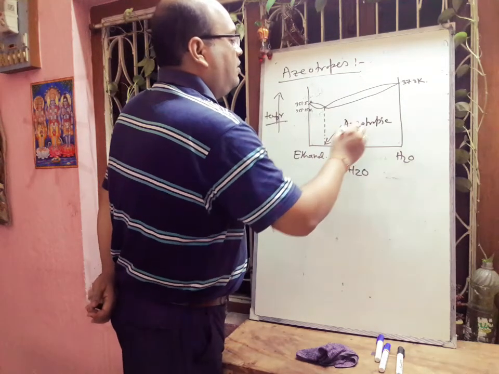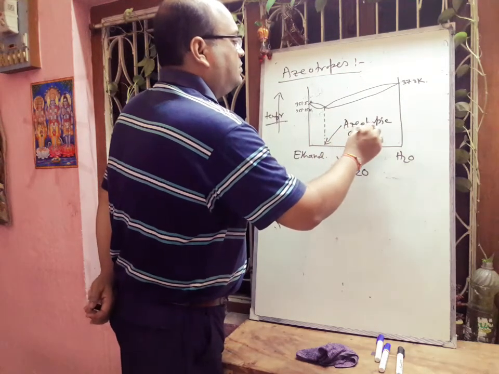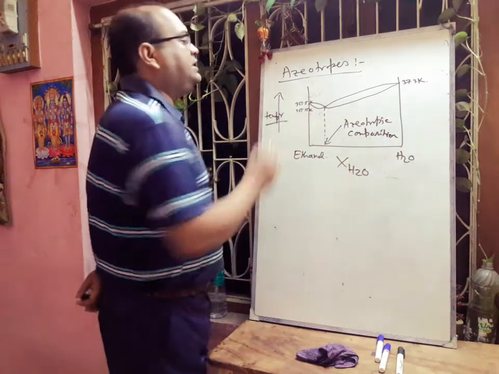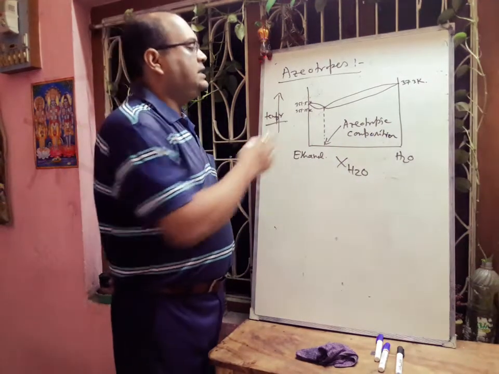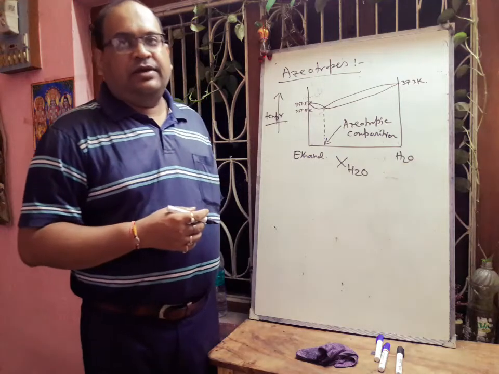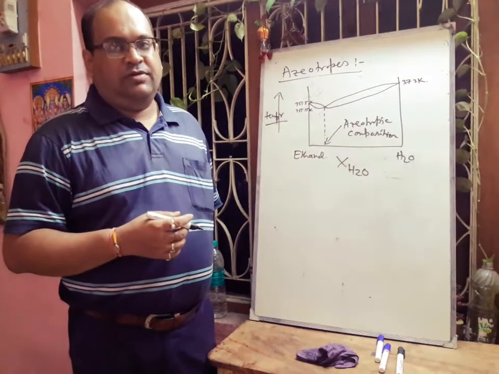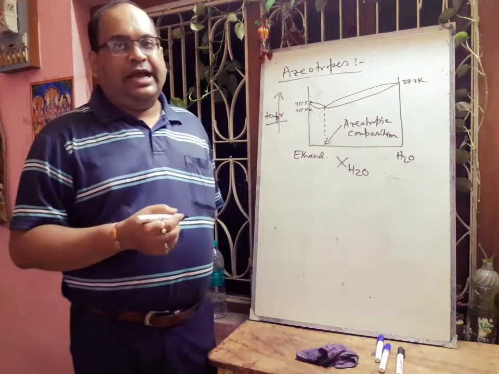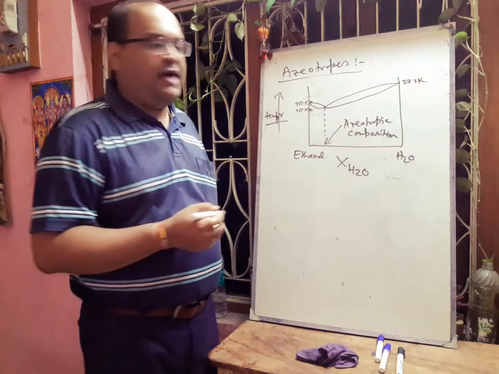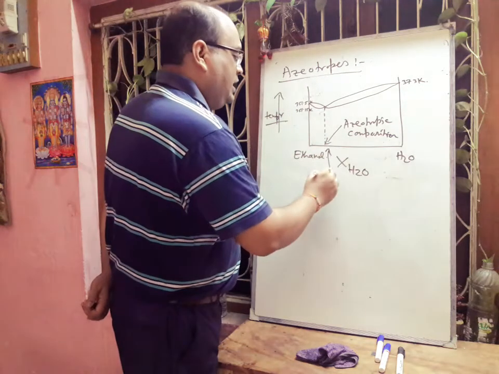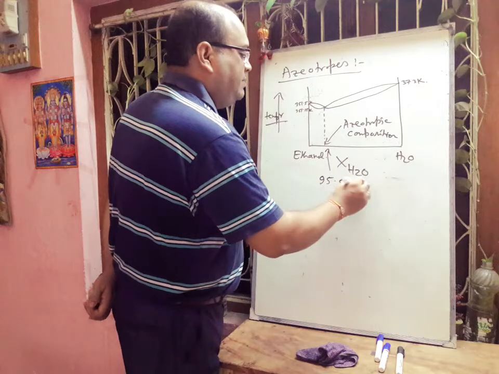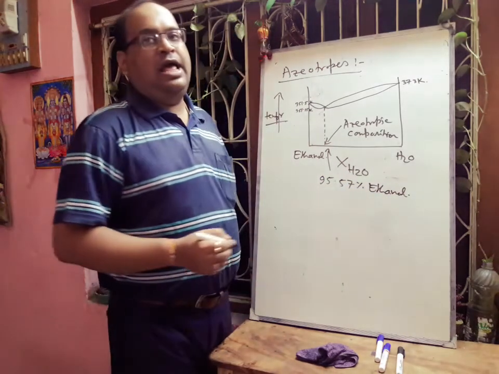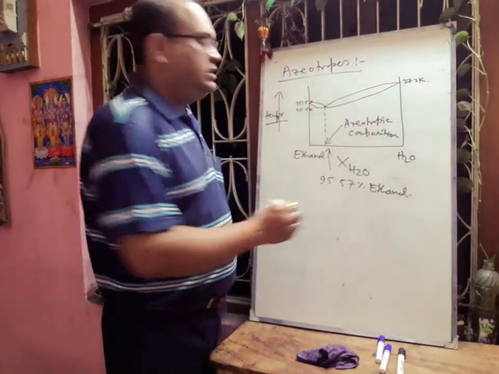This temperature, 351.15 Kelvin, is the azeotropic mixture boiling point. So at this composition we will get 95.57% ethanol, that means ethyl alcohol, and 4.43% water.